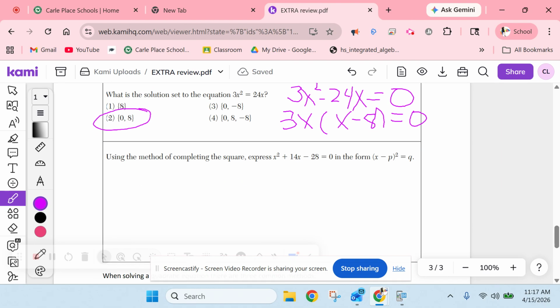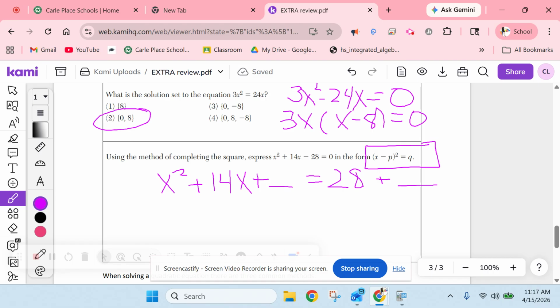Okay. Now this is a little weird because this is what they want the answer to look like, so you kind of just have to follow the directions. So I have x squared plus 14x, and I'm going to move the 28 to the other side. Plus I don't know, plus I don't know. Half of 14 is 7, and 7 squared is 49.